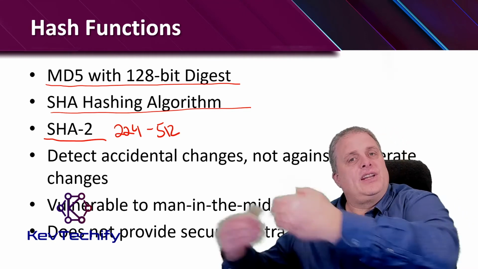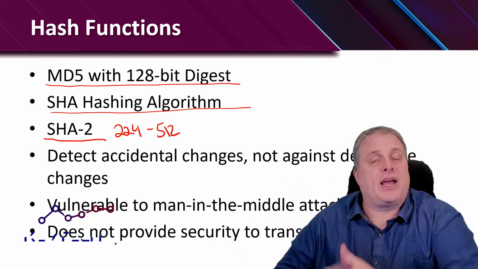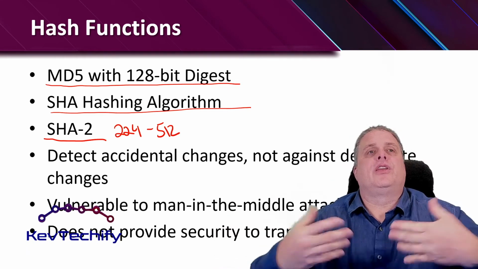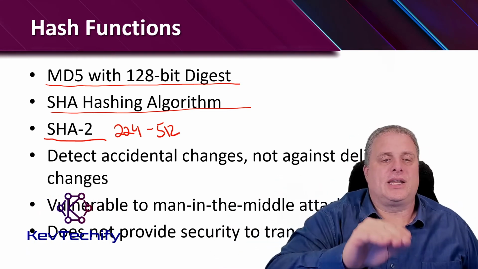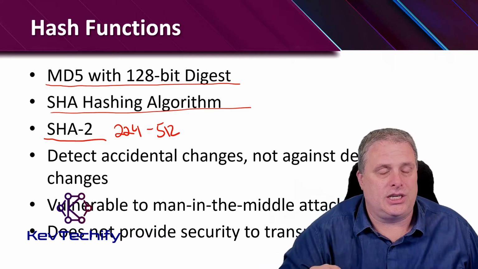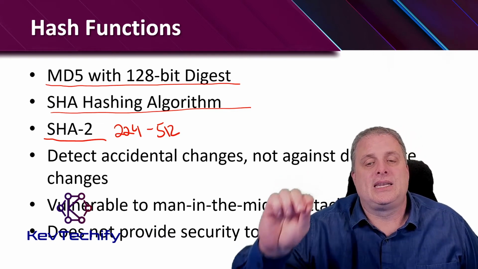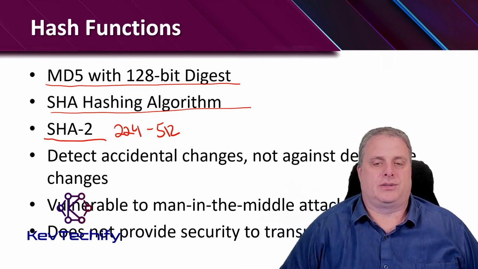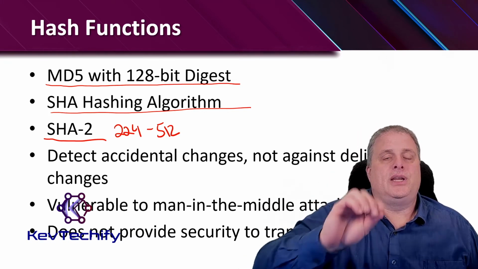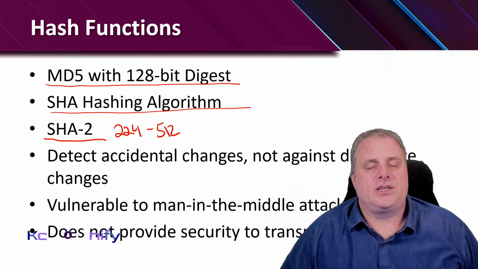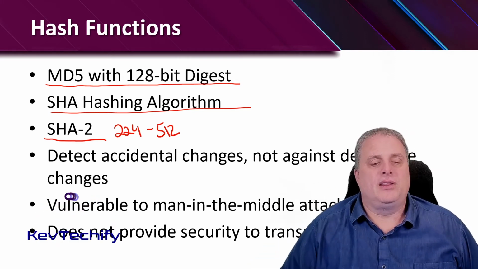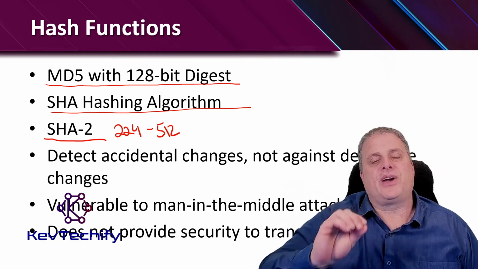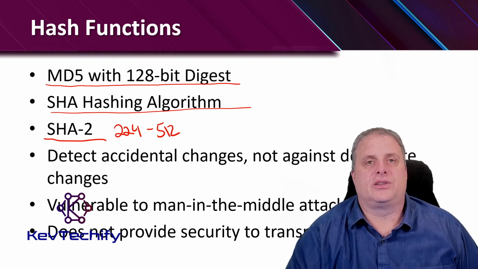When they receive it at the destination, the hash is going to match that message, and everything is going to look fine. So it protects against accidental changes, but it doesn't against deliberate changes. Which means when you hash a message, it's vulnerable to man-in-the-middle attacks, and it doesn't provide security to the transmitted data.